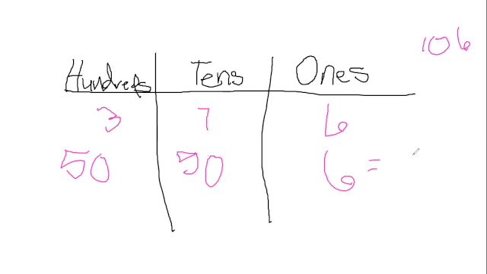What this is actually saying is that number. Oops, no, it's not. That is that number. This number is not the same as 106. That's why it is so important that we know our place value.